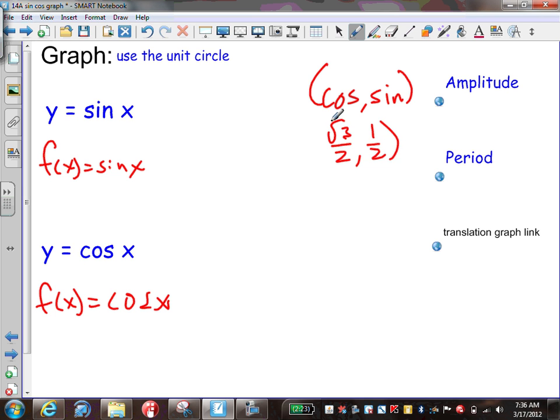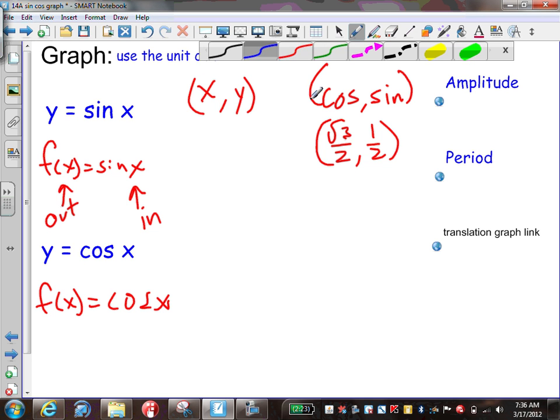Now, notice we're not graphing the unit circle. What we're doing is graphing the function of sine. So we have an input of x, and your output, which is the function of x or y. And we have to establish what the x and y are in these cases. Well, we have a different ordered pair.